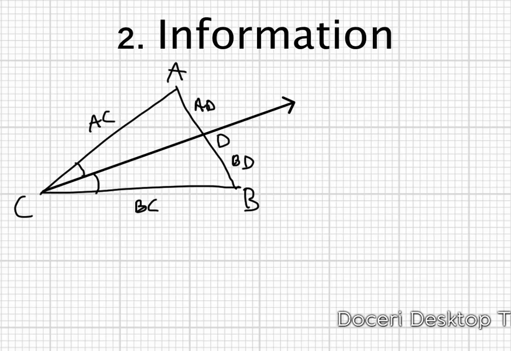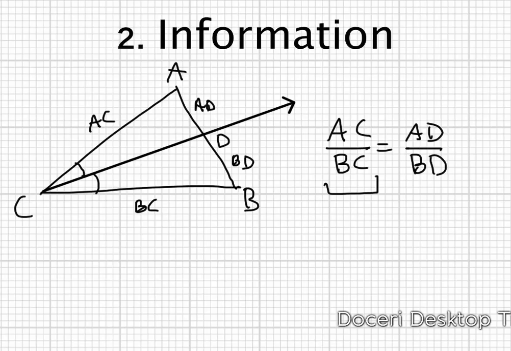Okay? What this means is if I have a ray that bisects an angle of a triangle, this is going to be the same as AC over BC equal to AD over BD. And you'll notice AC matches up with BC, AD matches up with BD.